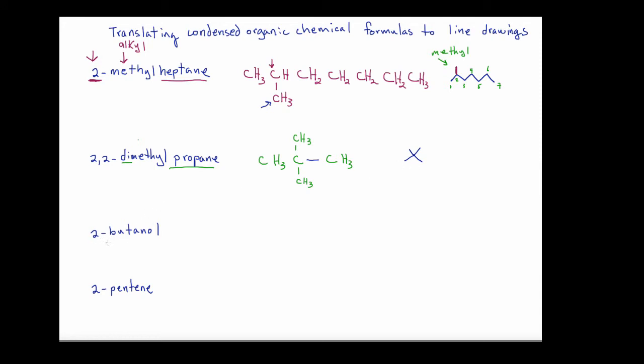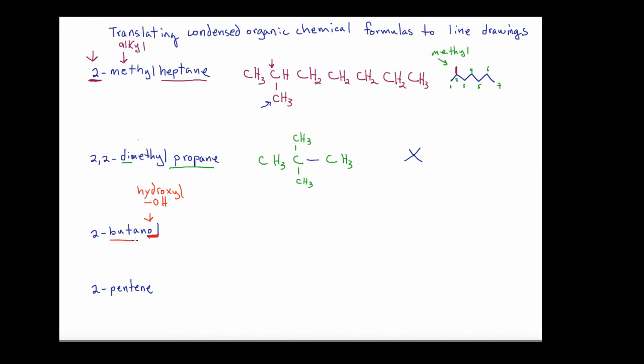So in this particular molecule now, this is butanol, right? The O-H here, let me change the color so I can emphasize this. This is an alcohol functional group, so we're going to be adding what we call a hydroxyl to this particular molecule. All right, and how do we know our parent chain?